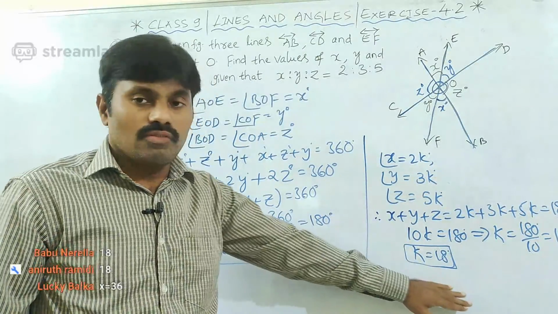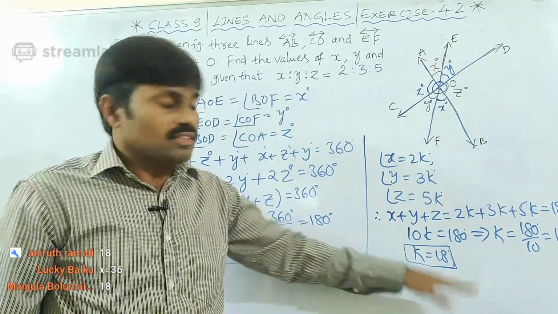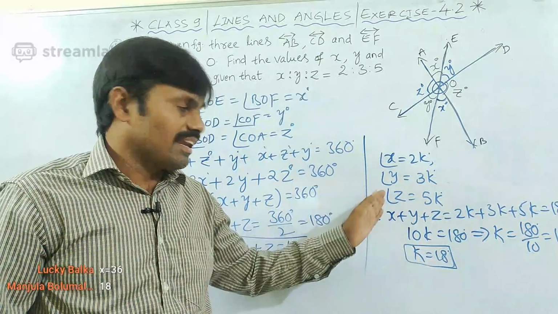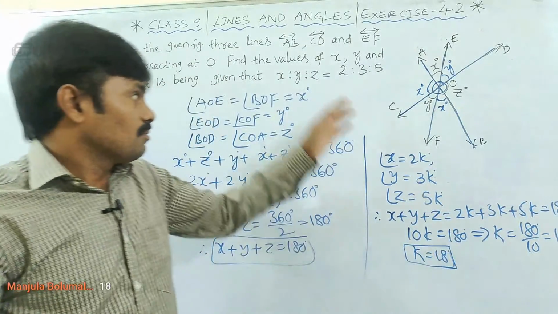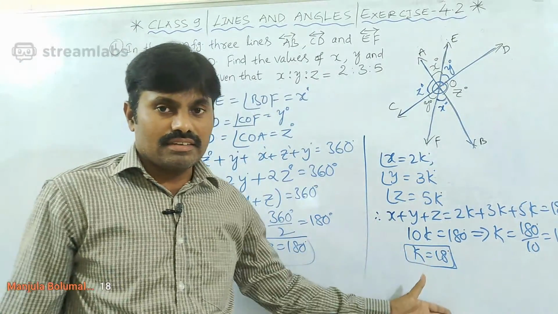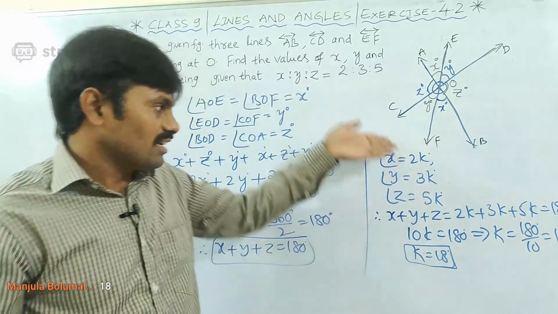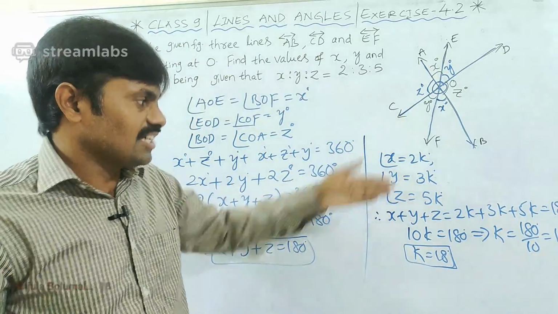So if I know the k value, I can find angle x, angle y and angle z. So finally, by using this relation, I got the value of k. Now put this value of k into these x, y, z values.